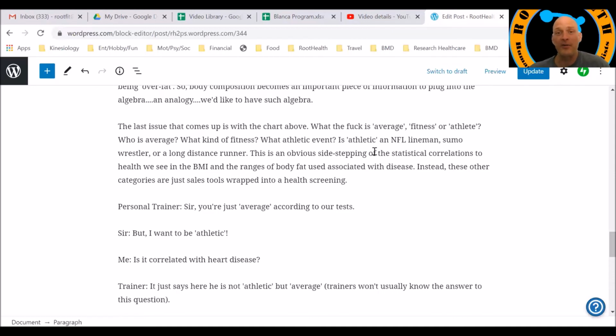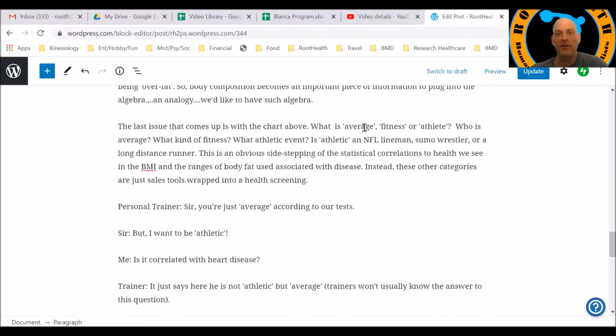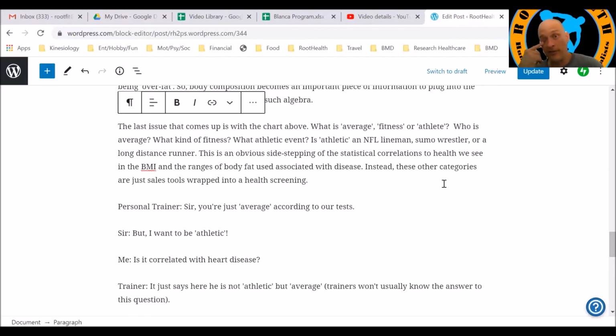Now we're taking into account what those body types that we looked at above are. You're going to have a certain body type that's going to be an NFL lineman or a sumo wrestler, and then a certain other type that's going to be a long distance runner. Both of those categories of athlete may be healthy, and they may be very good at their athletic event.